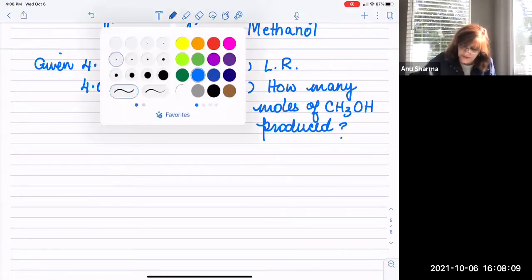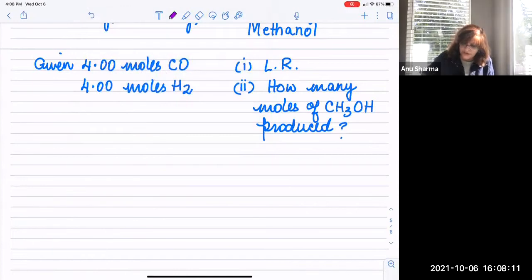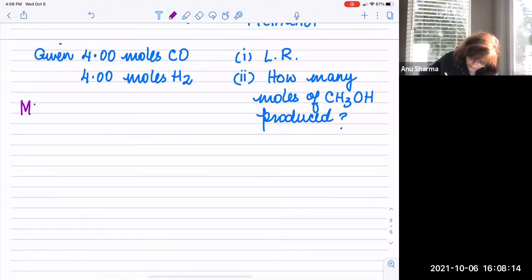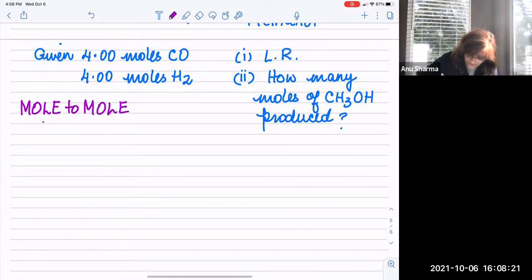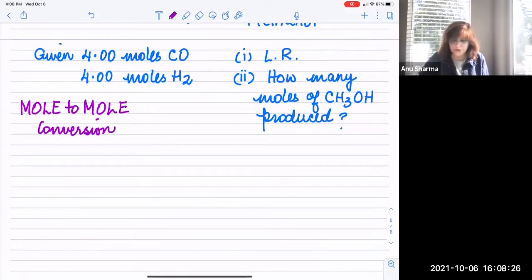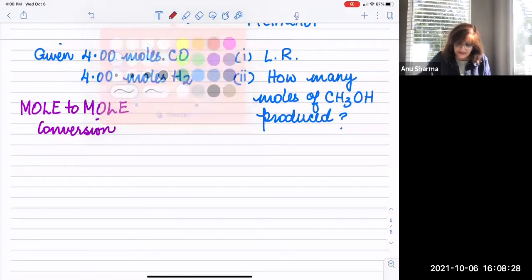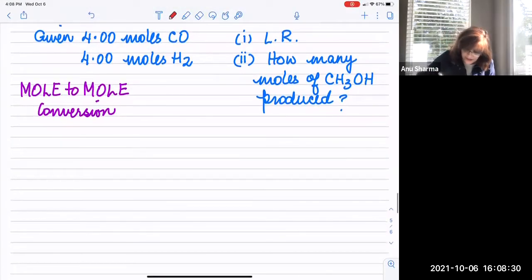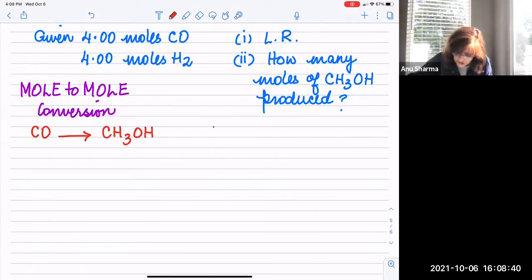Obviously, the one that gives you less methanol will be the limiting reactant. So let's find out. It's just a mole to mole conversion, using the moles to determine which one is producing less. Keep this in mind, very important: the relationship of carbon monoxide to methanol, CH3OH, and the relationship of hydrogen to methanol.